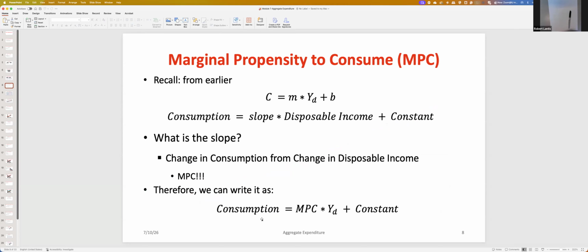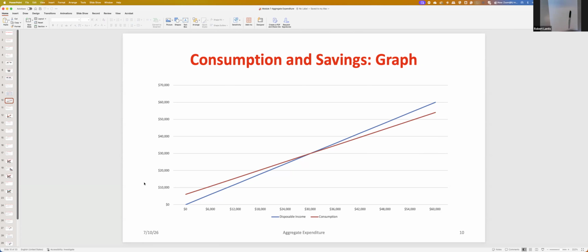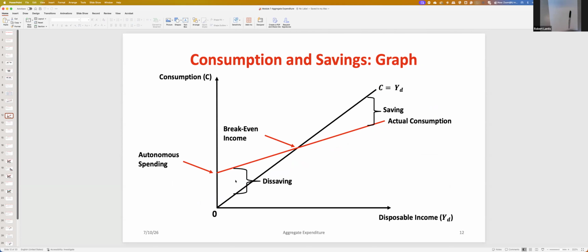Think of this as food, housing, things we just need to stay alive, so to speak. If I don't have any disposable income, I might take out loans to cover those expenses, which is why sometimes consumption is greater than our income, which would mean we have dis-savings, or our savings are negative.